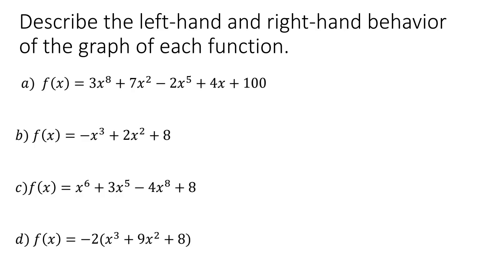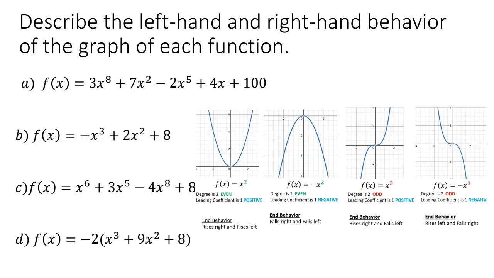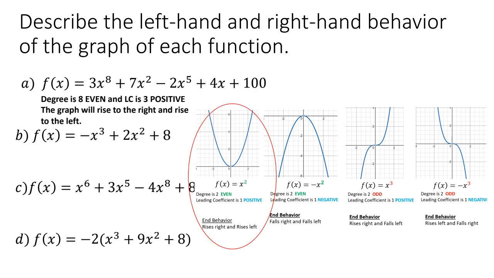Again, I brought up my little template here, and A falls under this first graph. It's an even function, my leading coefficient is positive, so it's going to rise on the left and rise on the right. So my answer is this one here.